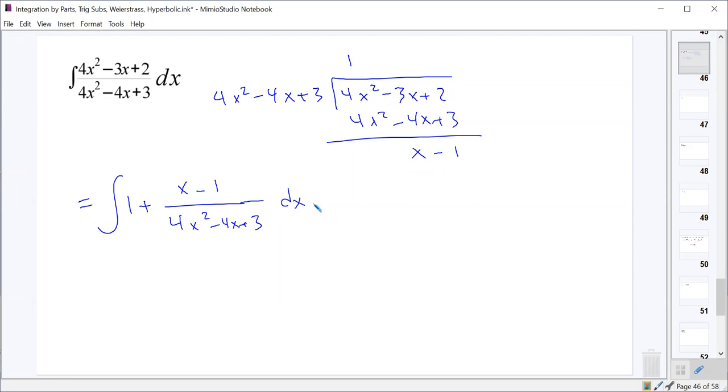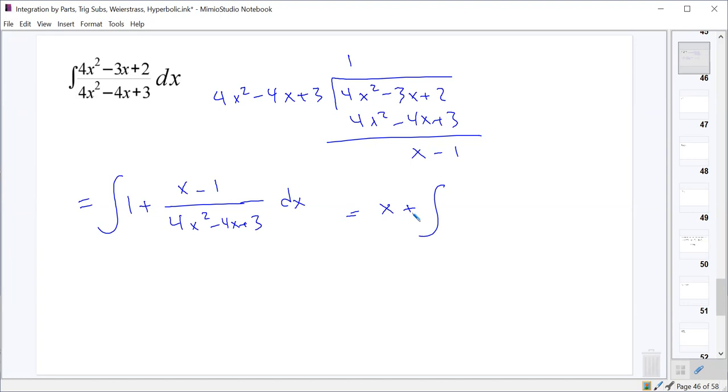So far good? All right. Any thoughts on what to do now? Obviously, the integral of 1 is just x, right? And I don't think we just know the integral of x minus 1 over 4x squared minus 4x plus 3.